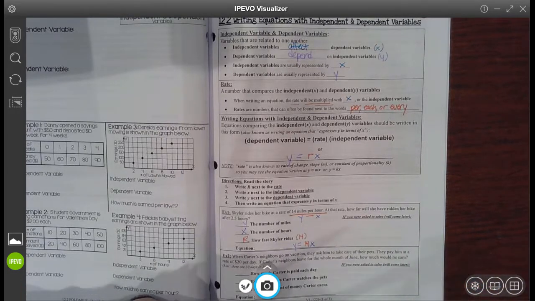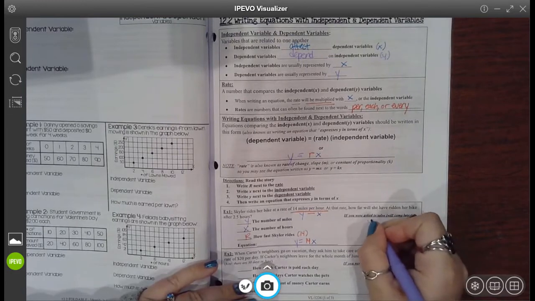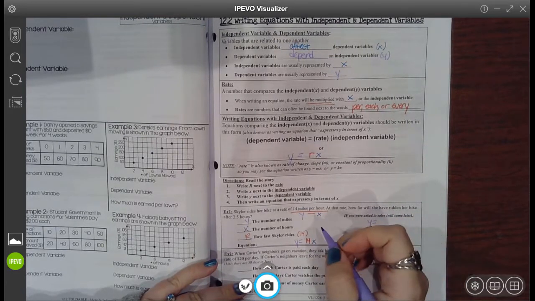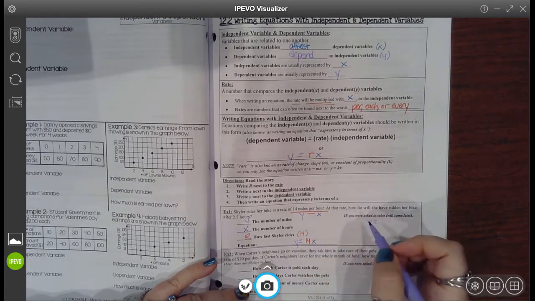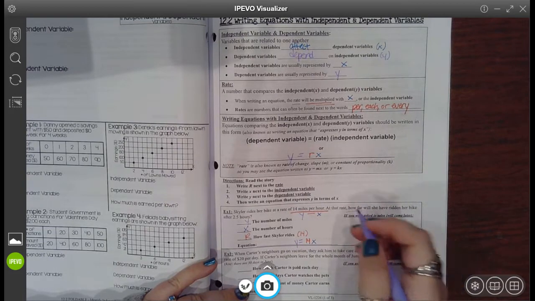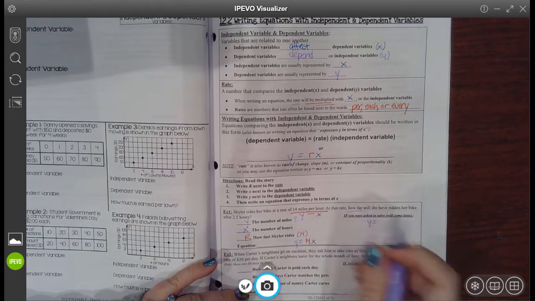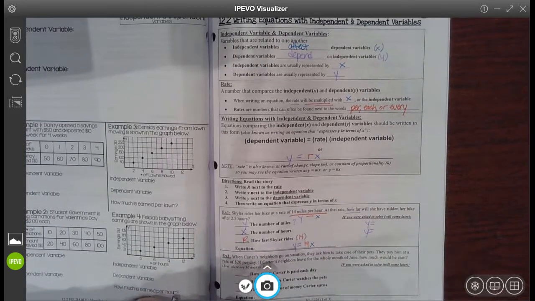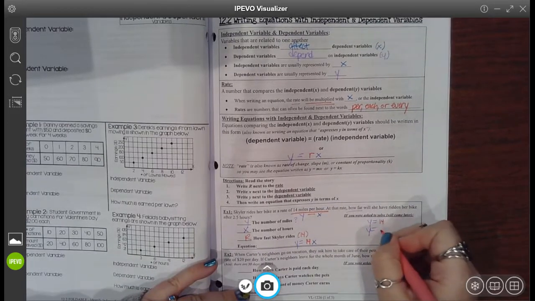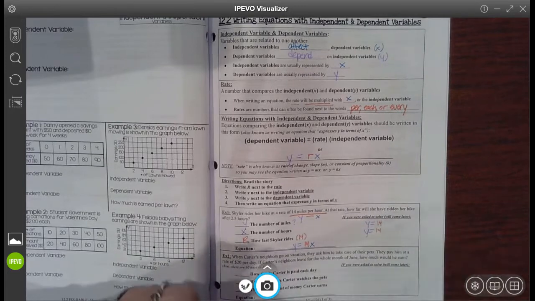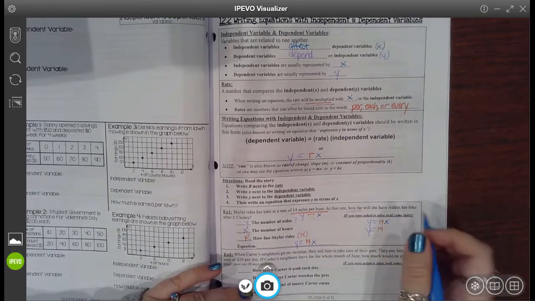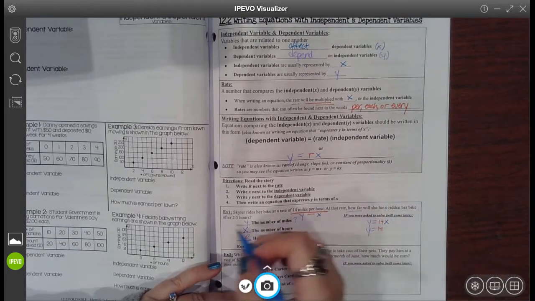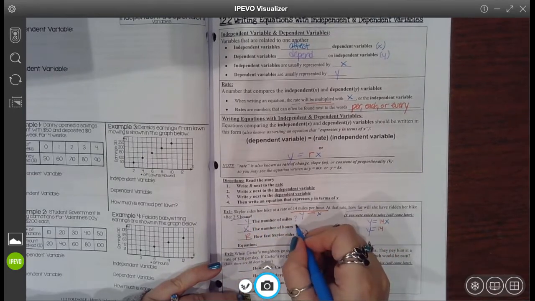If you wanted to solve it, y equals, and they told me y was the number of miles. So how far will she go? Well, we don't know. So that's going to stay a y. 14 stays a 14. But x, they told me, how far will she have ridden her bike after 2.5 hours?